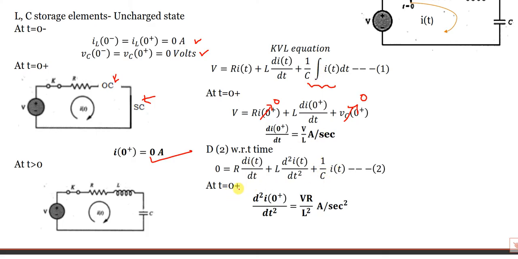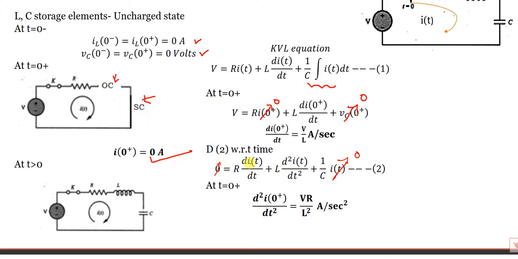Again substitute t equals 0 plus. So R into di by dt at 0 plus, plus L into d square I by dt square at 0 plus, plus 1 by C times I of 0 plus. Here also I of 0 plus is 0, so this term is 0.